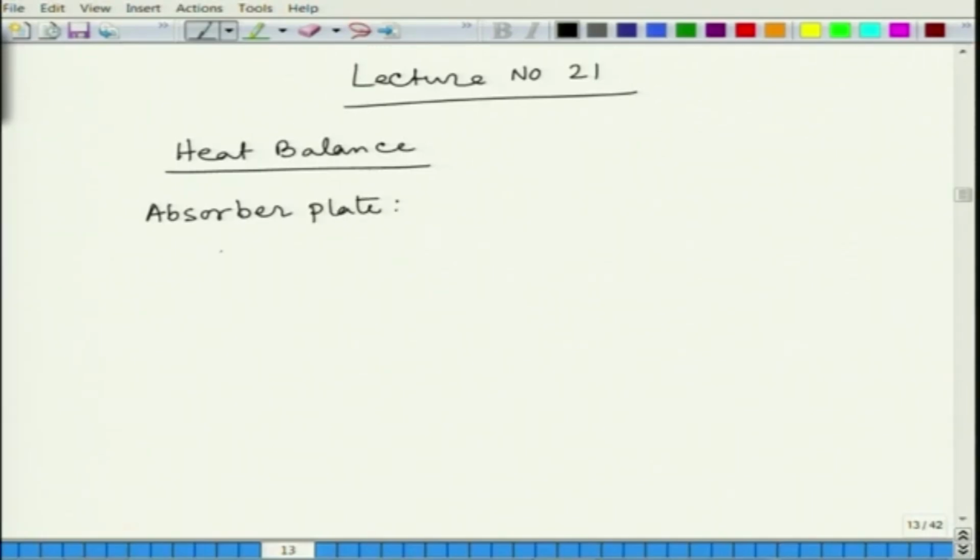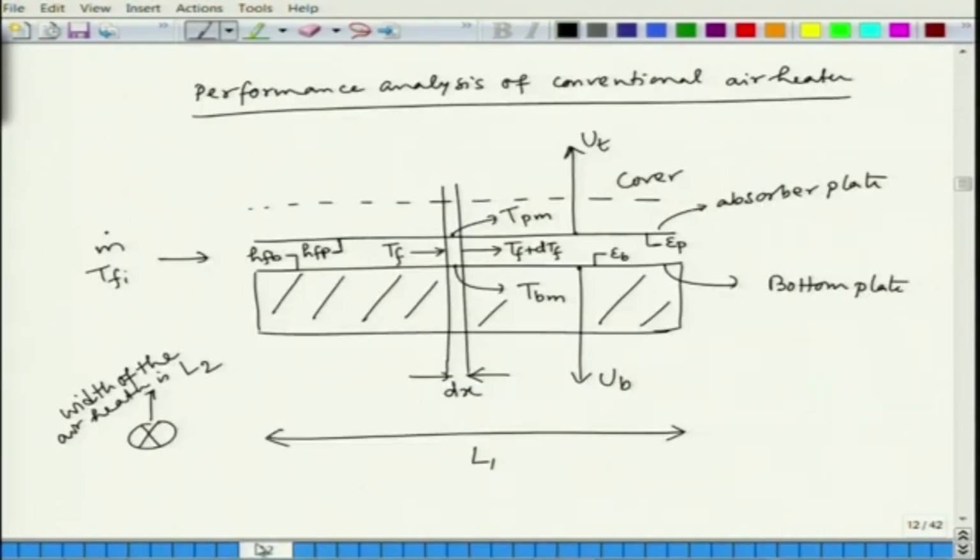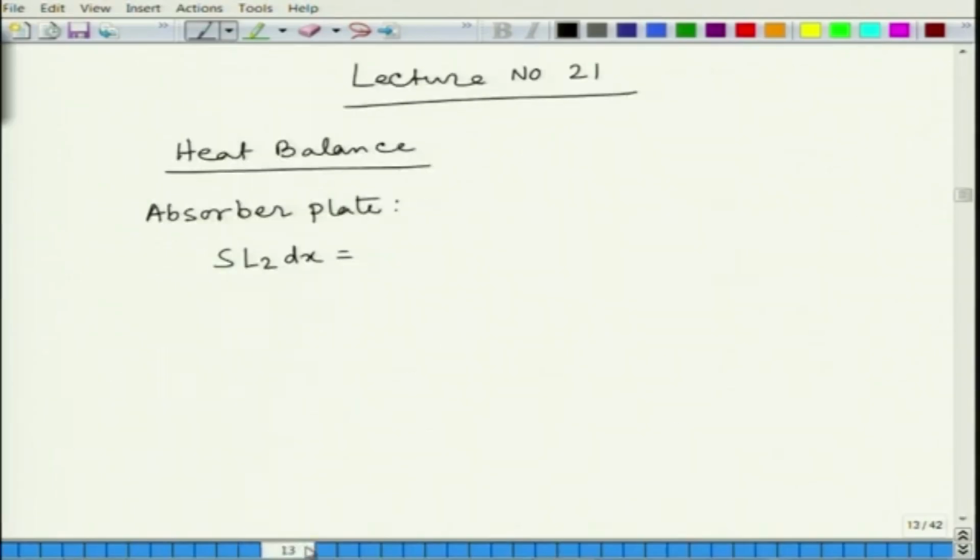The amount of radiation that it will receive in a small strip of length dx, this is the length dx. This is the absorber plate we are looking at, and in the perpendicular direction to the board we have dimension L2. So, the total amount of radiation that you will receive is S L2 dx.